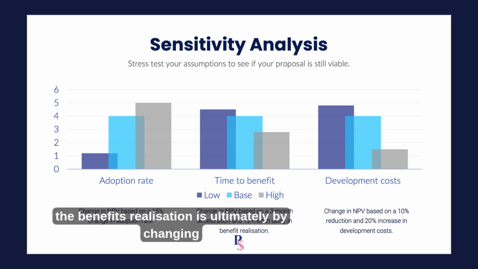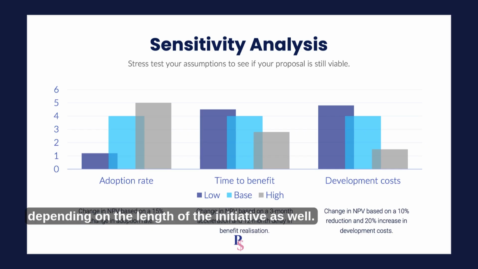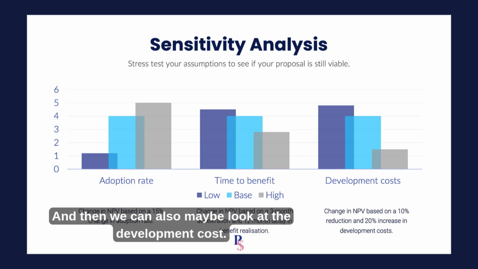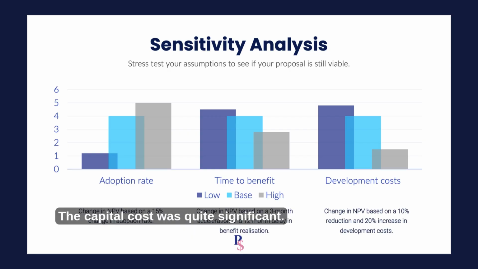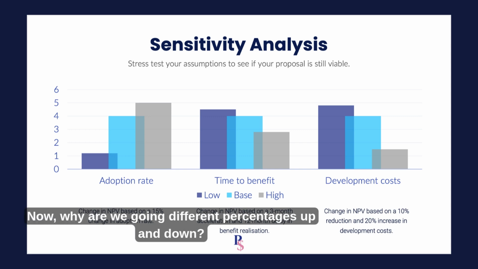By changing those bits, depending on the length of the initiative as well. And then we can also maybe look at the development cost. The capital cost was quite significant. So what if we have a 10% reduction in the cost and a 20% increase? Now, why are we going different percentages up and down? Well, sometimes it's easier to overspend than it is to underspend.